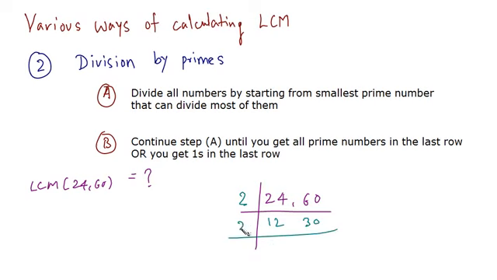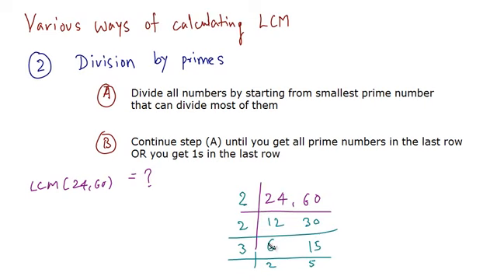Again these can be divided by 2, so we get 6 and 15. Now these cannot be divided by 2, so we can divide these numbers by 3. So if we divide them by 3 we get 2 and 5. Now we have got prime numbers in the last row, so we stop. So going by these steps, we first divide all numbers starting from the smallest prime number, that is 2, that can divide both of these.